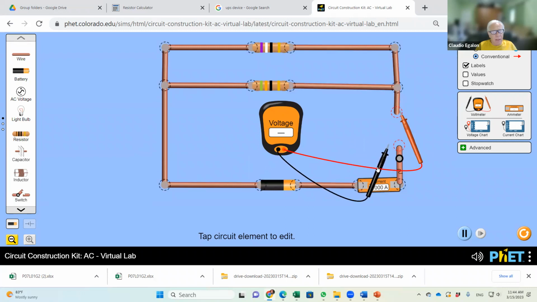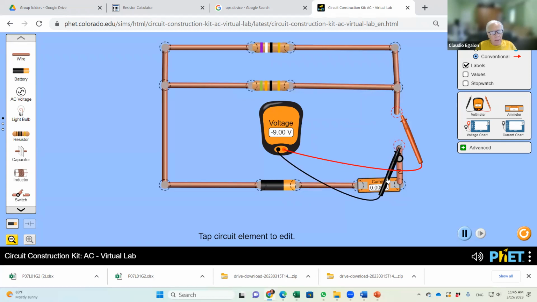When I connect this probe right in here, it is as though I am connecting it in series with the circuit. So the supposed current goes through here, passes through this black probe, and goes to the other one. This voltmeter is connected in series right now.